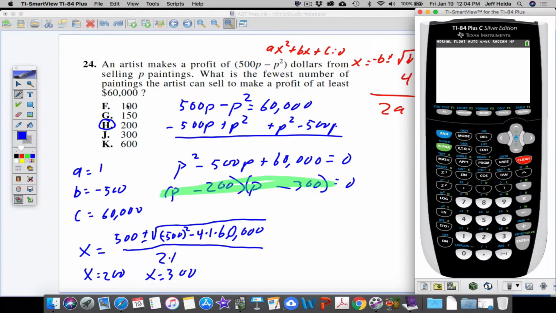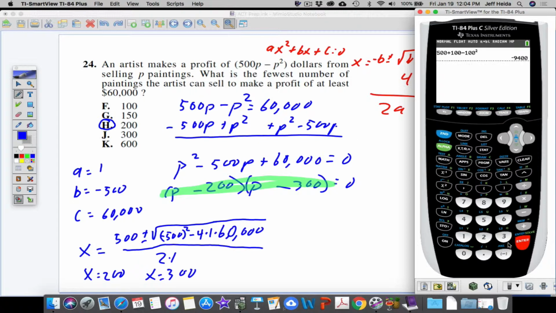So you have answers of 100, 150, 200, 300, and 600. And putting them into this equation, it has to be at least 60,000. So let's do 500 times 100 minus 100 squared.